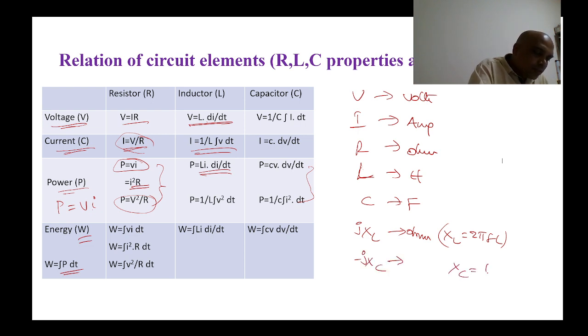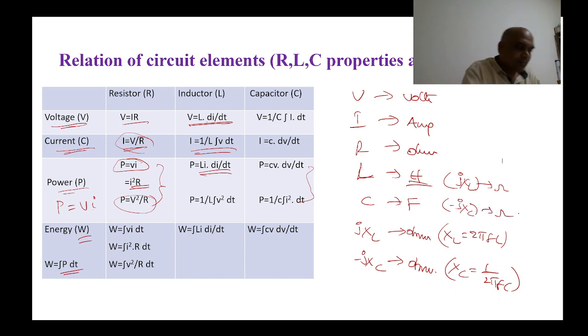XC equals 1 by 2 pi FC. So what is the unit? Again, ohms. So inductor unit is Henry, but the inductive reactance unit is ohms. Capacitor unit is farad, but capacitive reactance unit is ohms. So this is about relations of circuit elements.